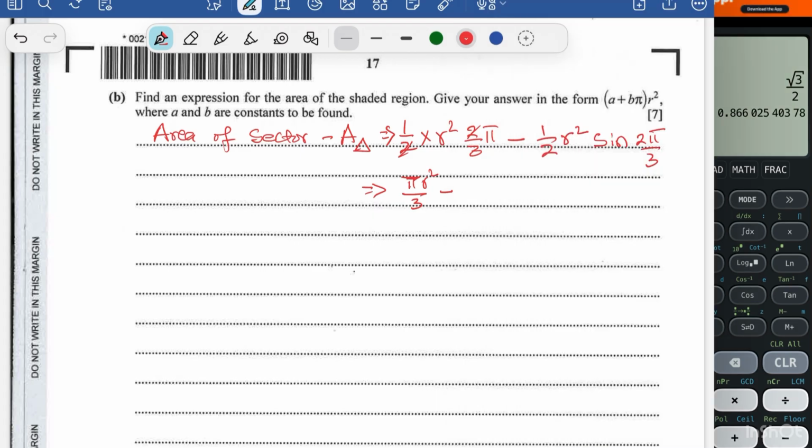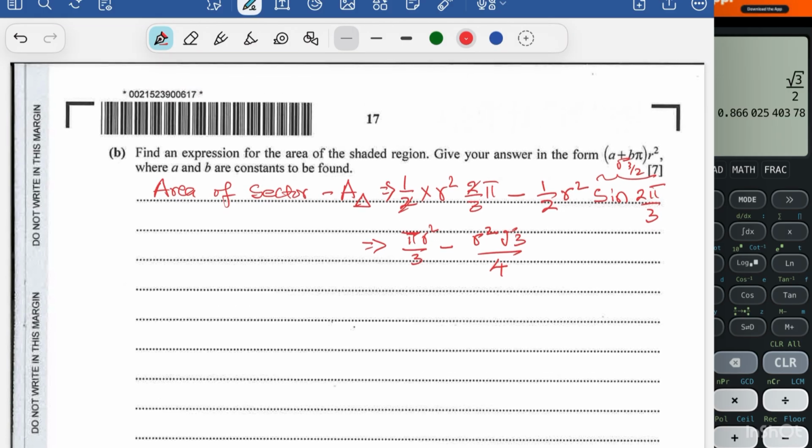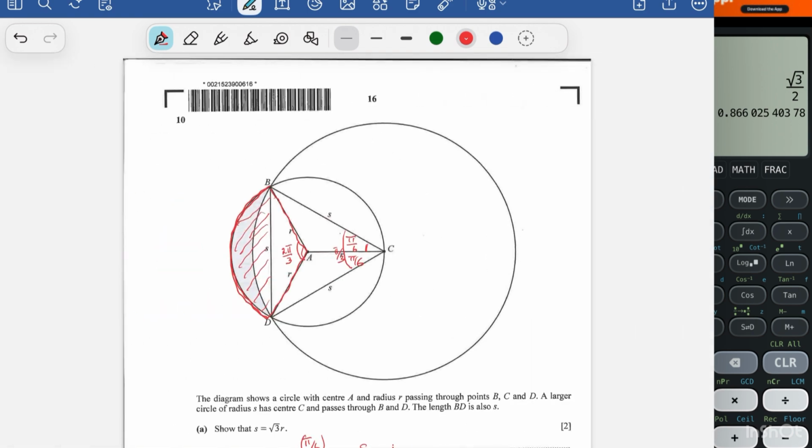That's root 3 by 2. So root 3 by 2, so r squared, root 3 over 4 because we times that by that. So this is the area of this section.